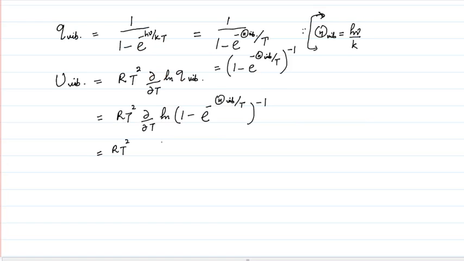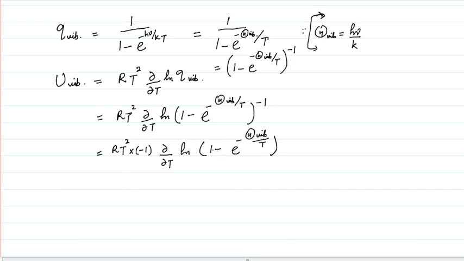So we can solve this RT². It will be first minus 1 and then simply ∂/∂T ln of 1 minus exponential to the power minus θ vibrational upon T. So this minus you can write in front of this RT².